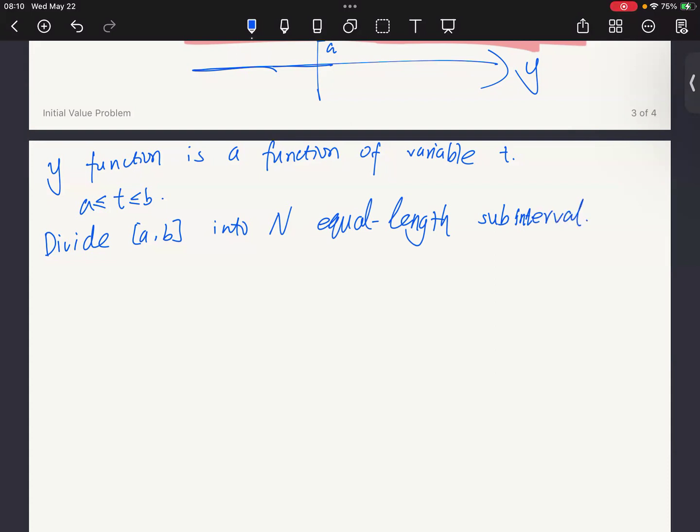If we divide this [a, b] interval into n subintervals, then we have n plus 1 nodal points.